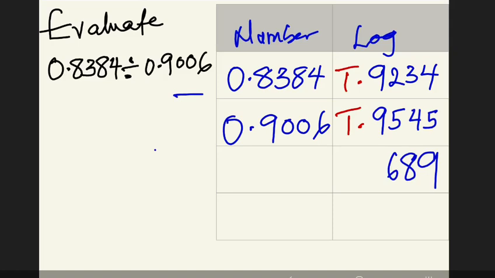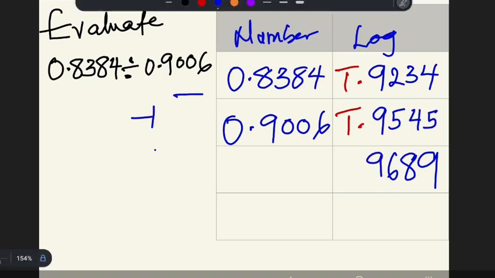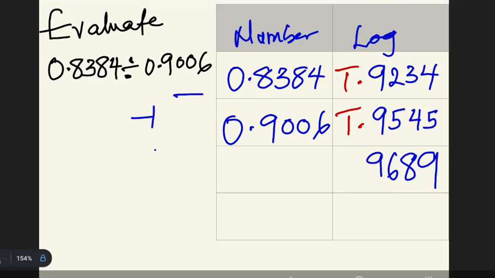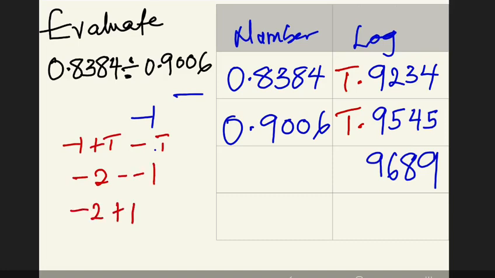Then 9 minus 18 gives you 9. Then with bar 1 minus bar 1, it is minus 2 plus 1, which gives minus 1.